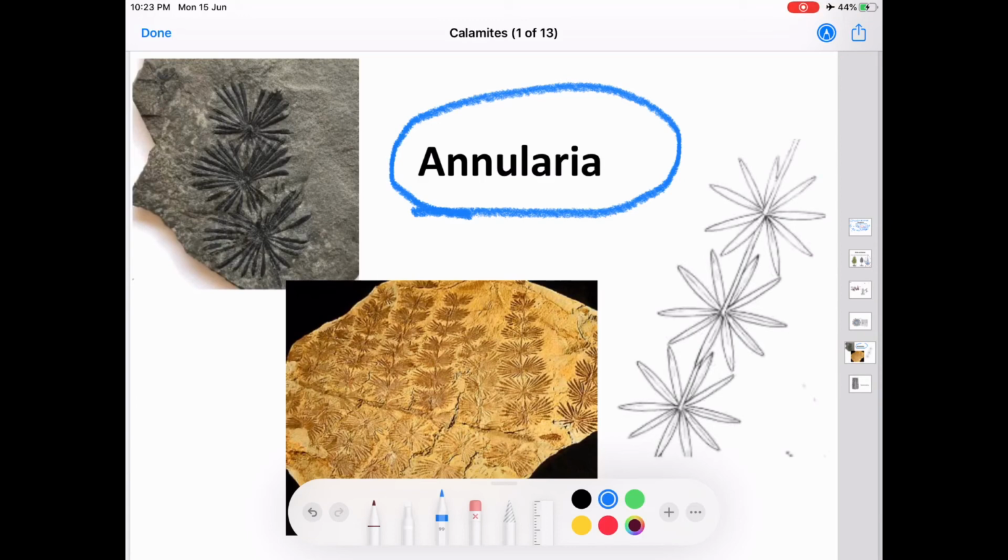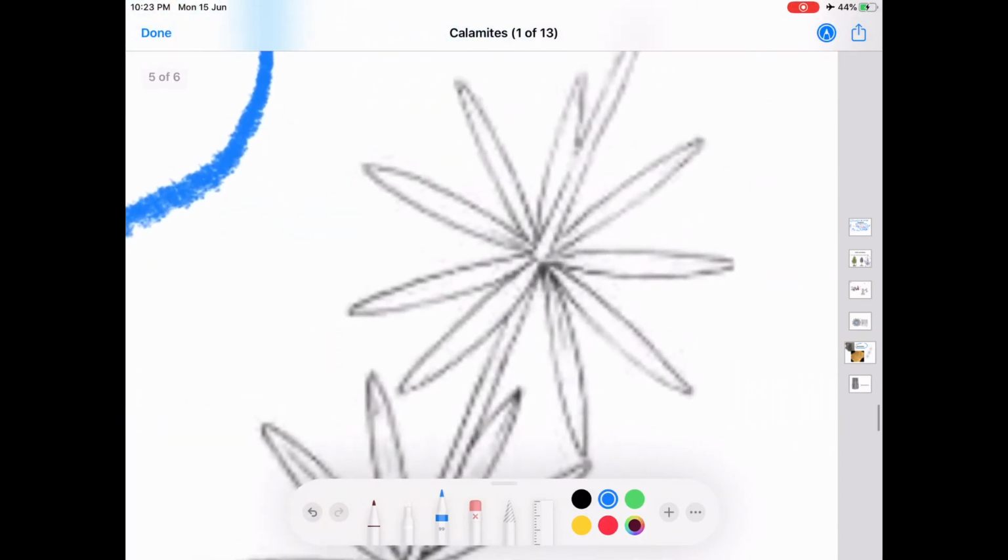Each leaf was linear in shape and lanceolate. It had a single vein and a length ranging from 4 millimeters to 5 millimeters.